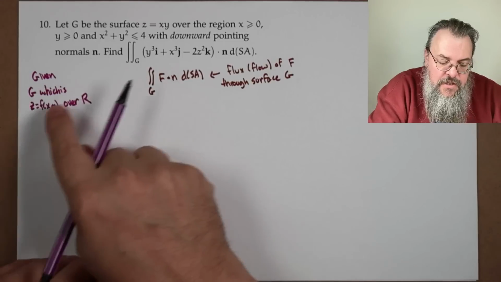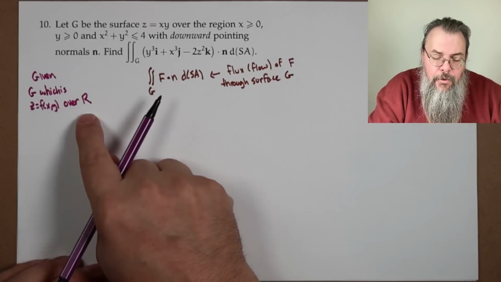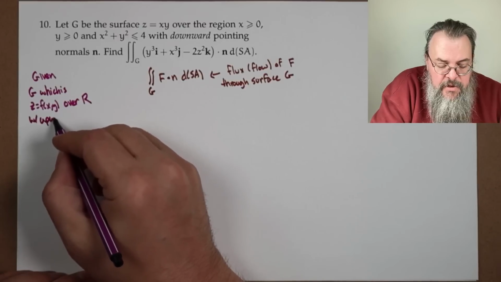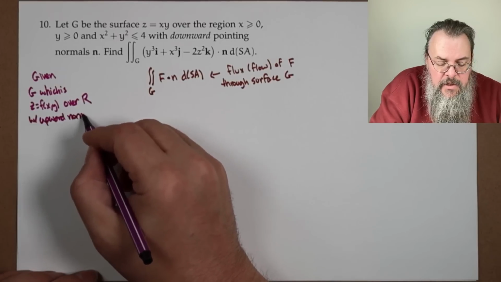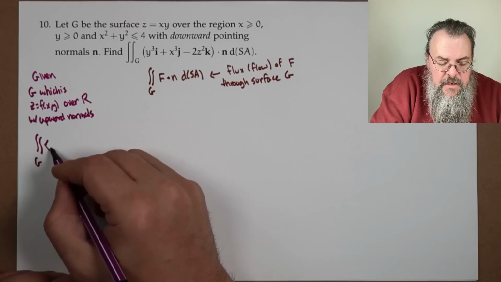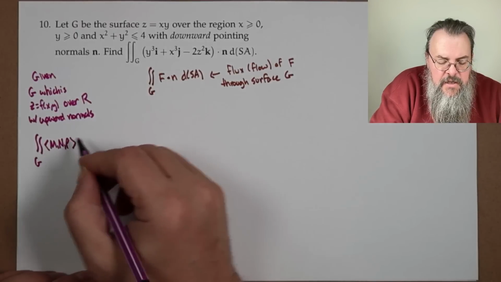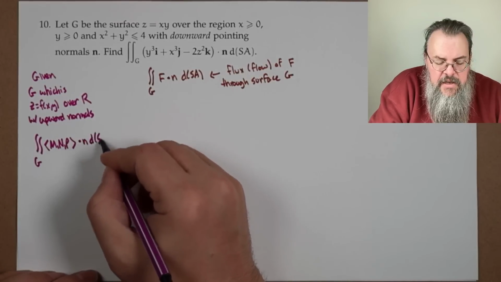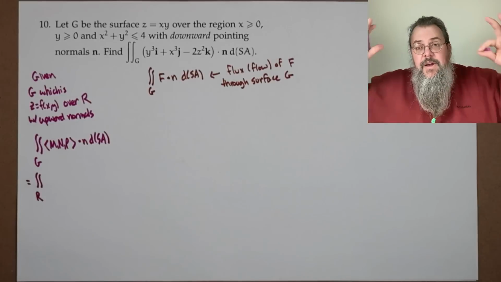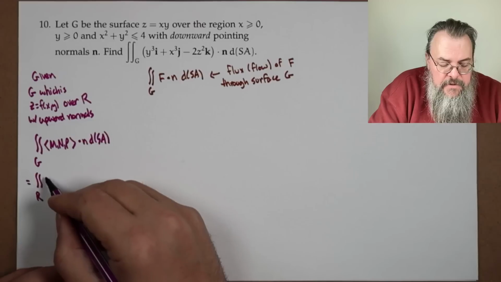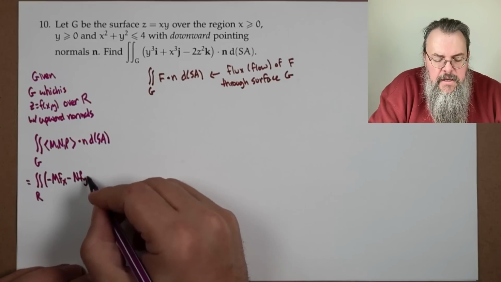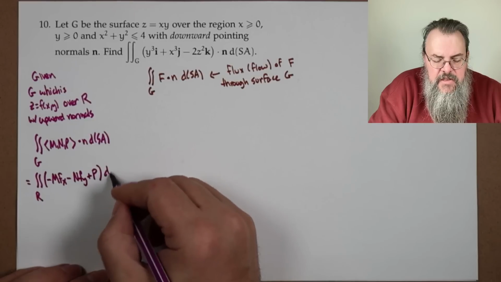So given G, which is of the form some function of x and y over a region R with upward normals, then the integral over G of a vector-valued function M, N, P dot n dS is equal to the integral over our region R, where we're pushing down, of minus M f_x minus N f_y plus P dA.